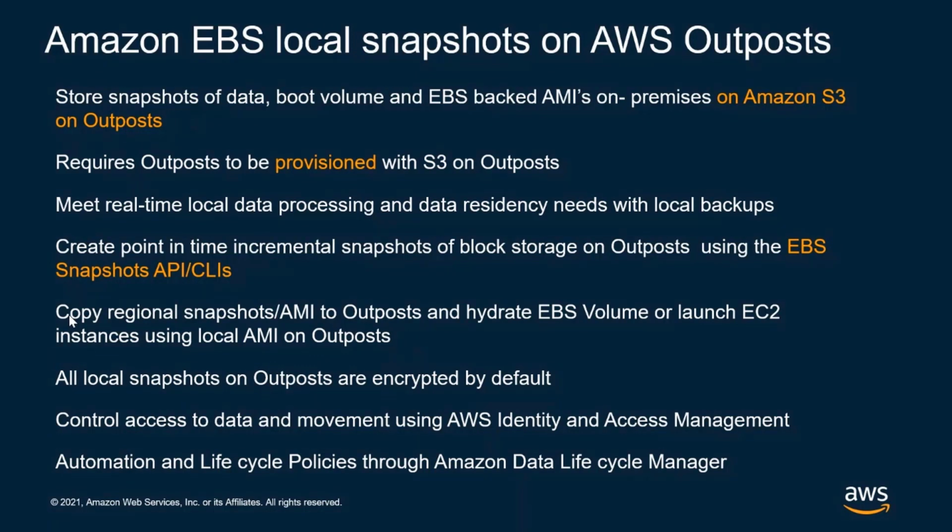You can take snapshots, point-in-time images of your data, your boot volume, and your EBS-backed AMIs that you're using to deploy your applications and OSs, and store those on Outpost. You do need S3 on Outpost to do this, and then you can create point-in-time incremental snapshots using the same EBS snapshot APIs or CLIs that you would use in a region, and those stay in Outpost, so they don't go back to the AWS region.